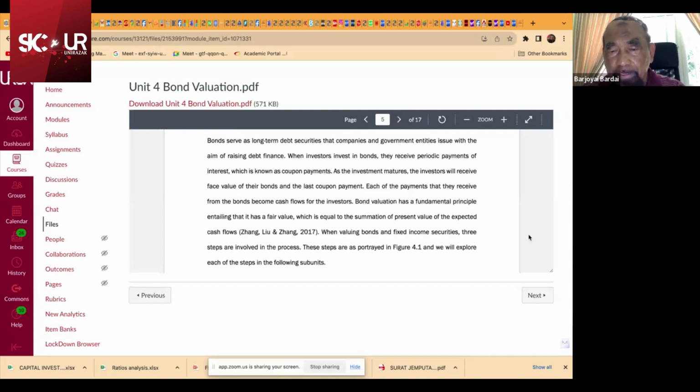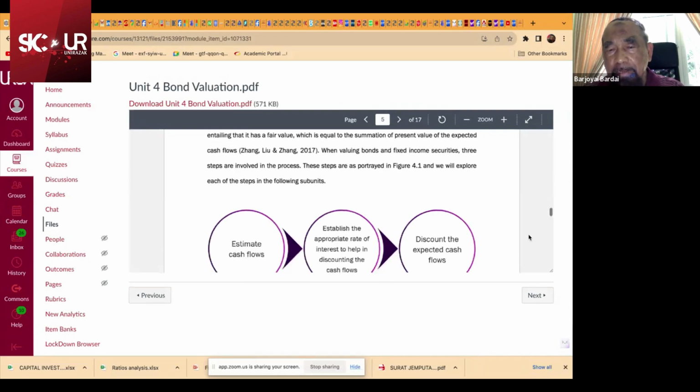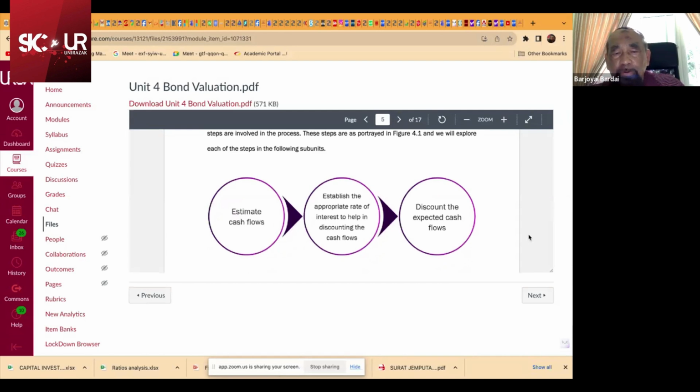When valuing bonds and fixed income securities, three steps are involved, and the process is as follows. First, we estimate the cash flow.